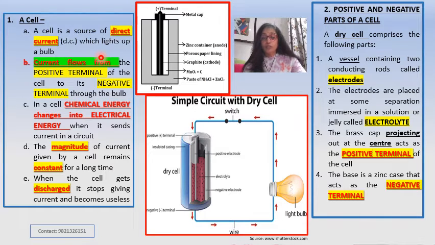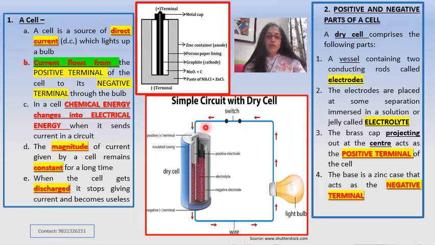Now it is important to know this. Current flows from the positive terminal of the cell to its negative terminal through the bulb. Here it is marked positive terminal, here it is marked negative terminal, and here is the bulb. So it is going to travel from the positive terminal. Look at the arrows.